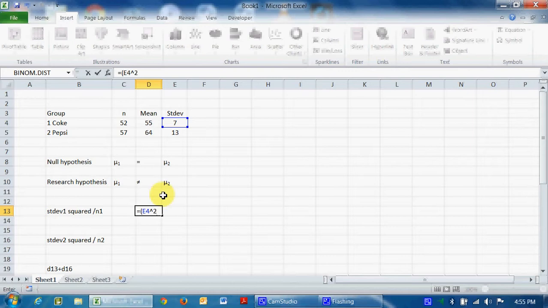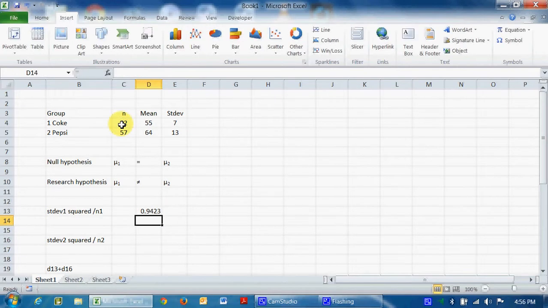Okay, so you get that little arrow 2, close parentheses, divided by C4, which is N1. So you can see how we just created the numeric formula from those words over there in B13. We're going to hit enter. There's your value.